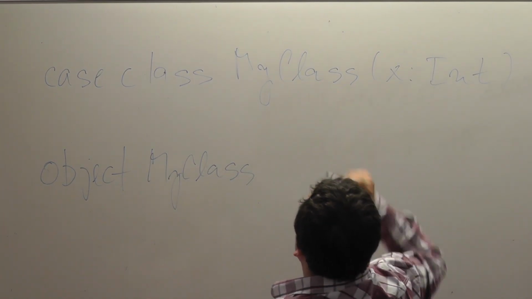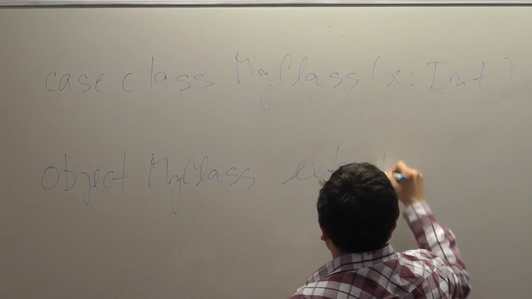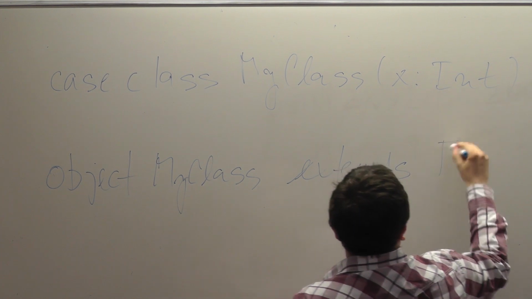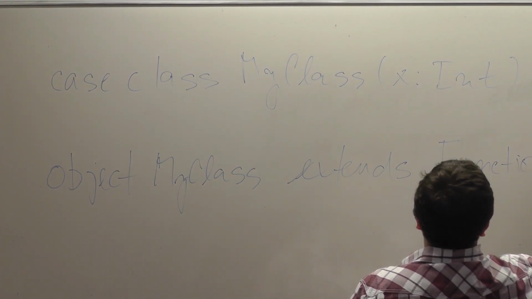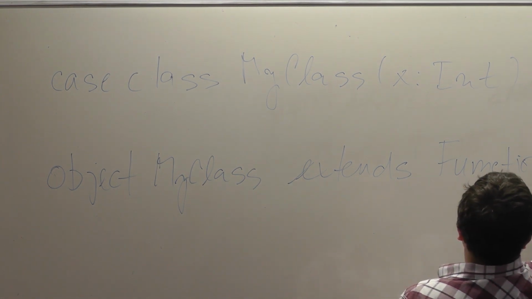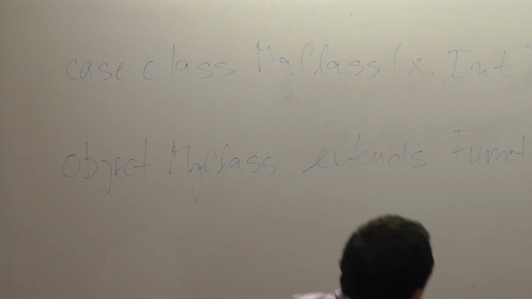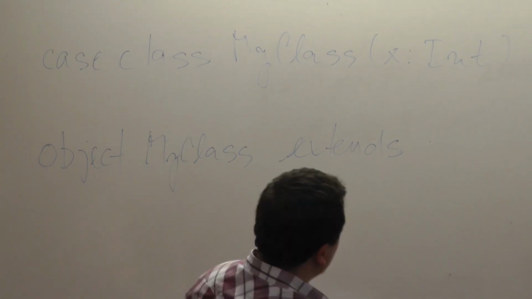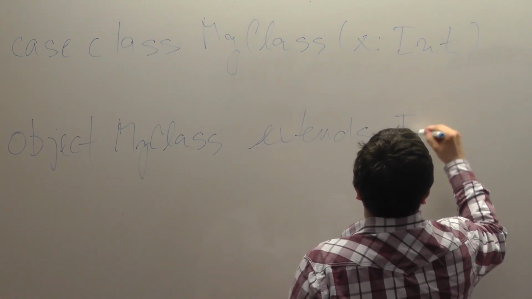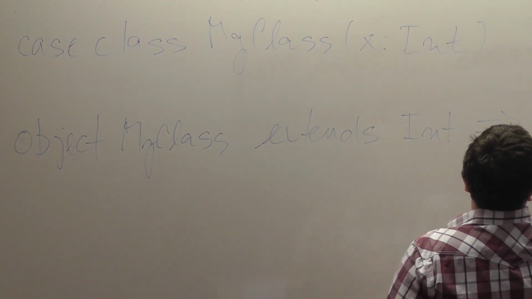And the companion object extends Function1, or maybe it should be better written with the nicer syntax, it extends Int to MyClass.